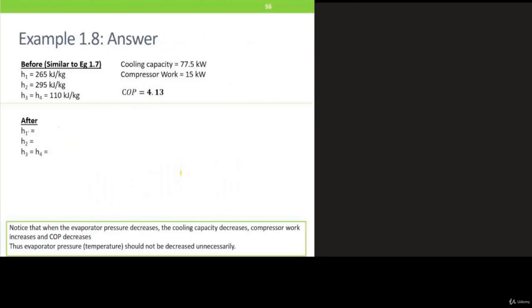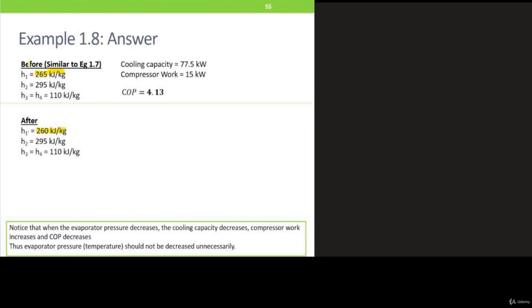Before, the initial condition, everything is the same, you get a COP of 4.13. After, the only value that is being affected, remember, is your H1. Instead of 265, now it becomes 260. So what is the implication?